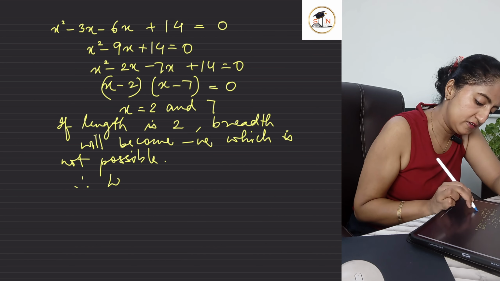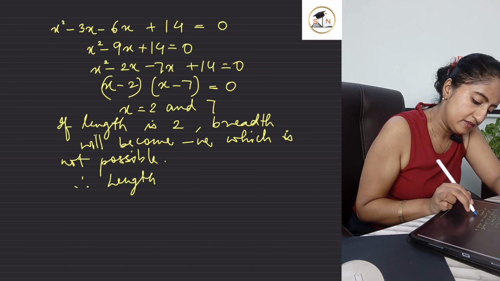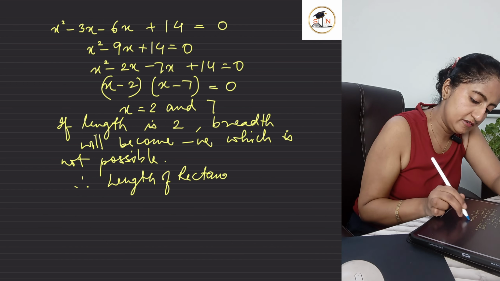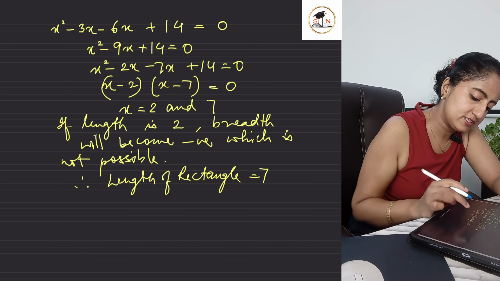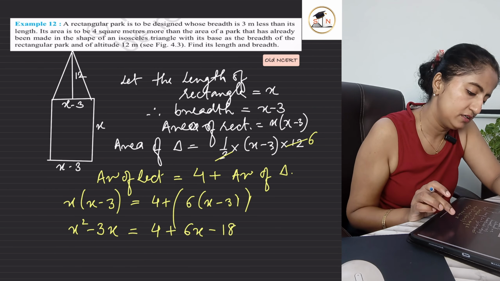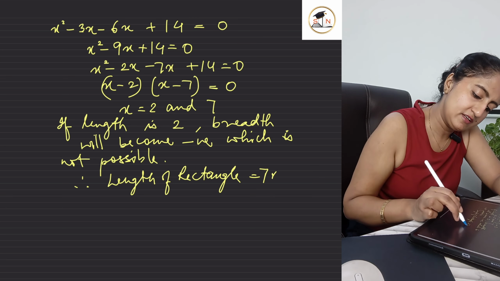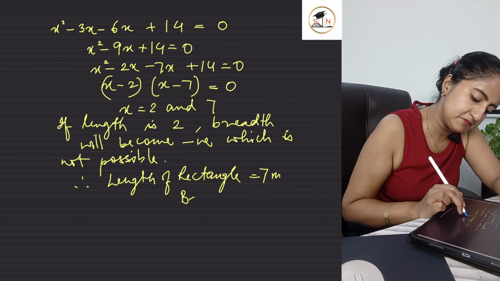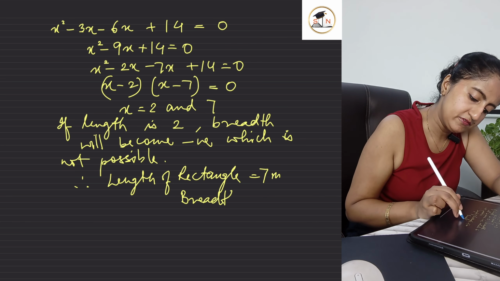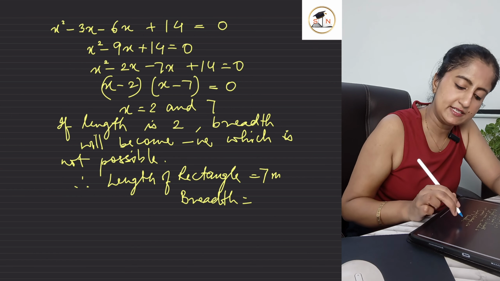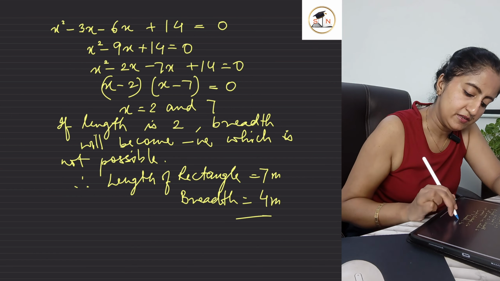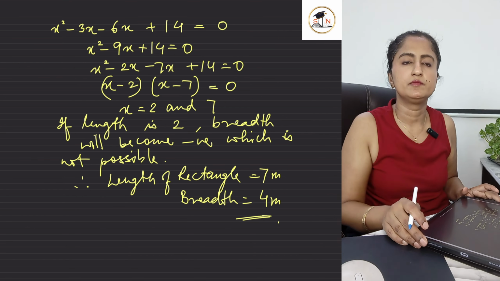Therefore, length of rectangle equals 7, and what were the units? Meter, right? 7 meter, and breadth comes out to be x minus 3, so 4 meter. Here we get our answer, right?